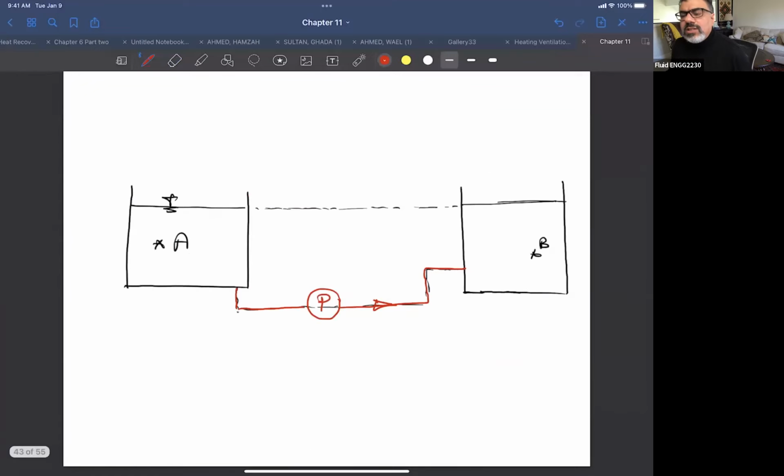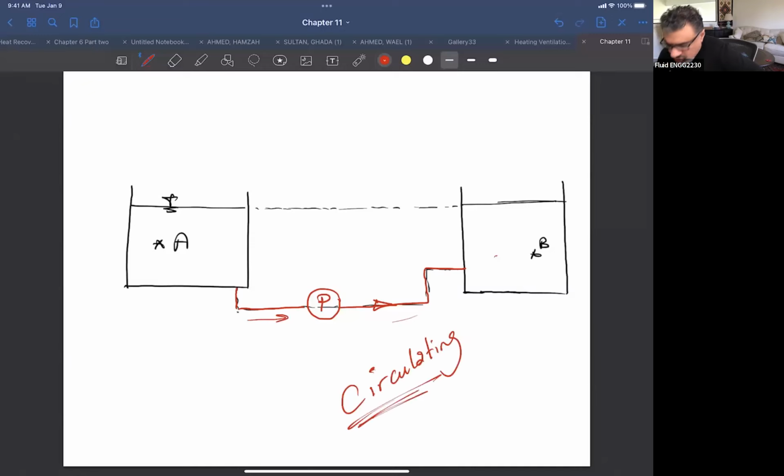Here, what is the main function of the pump? Not just starting the fluid or supplying fluids, just making the fluid circulate, right? Imagine I need to move these fluids around. So the pump here is circulating. The main function here is to circulate.